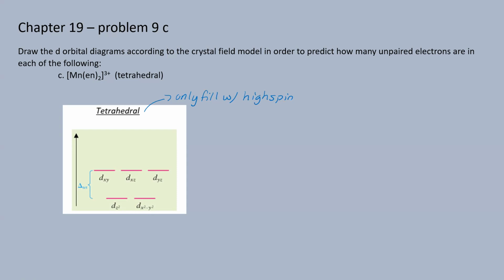Ethylenediamine is a neutral ligand, so since the total is +3, the manganese has to be +3. If you look on the periodic table, manganese +3 is argon 3d4. So if we're going to put 4 electrons in at a high spin filling, we're going to use 4 separate orbitals and therefore have 4 unpaired electrons.